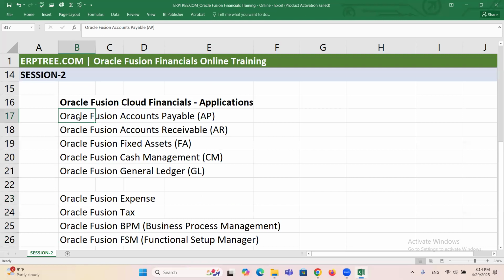From the Oracle Fusion Accounts Payable application, we are going to learn how to create purchase invoices, and we'll see how to process the payments.